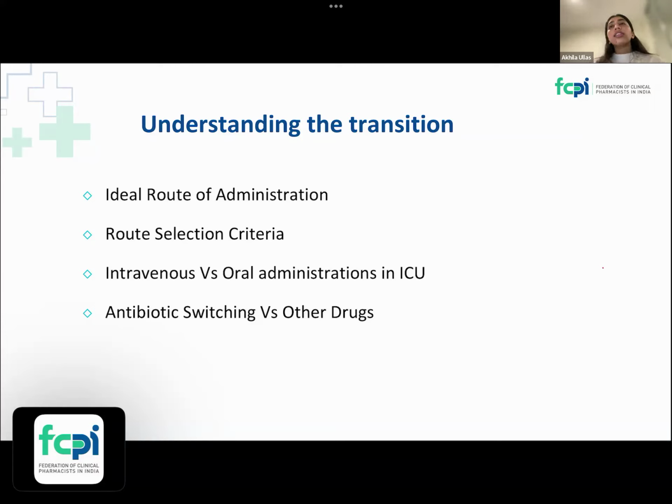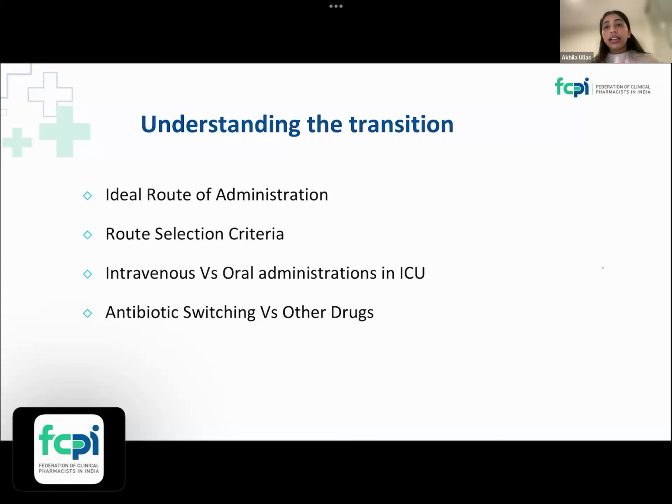And route selection criteria means you need to select the route appropriately for the correct patient in a correct way. You need to meet all the criteria for the switching, and whether you are going to switch from IV to oral, there are certain criteria you need to meet.